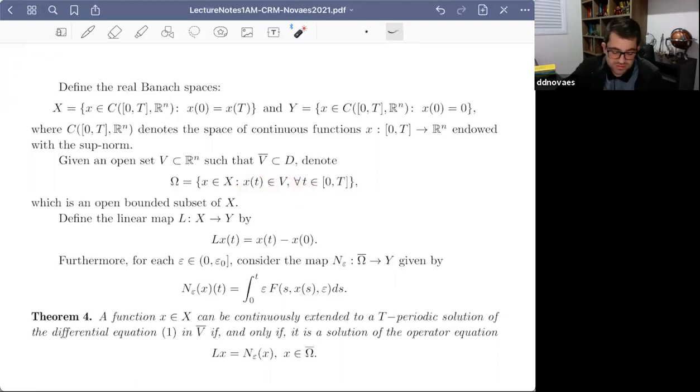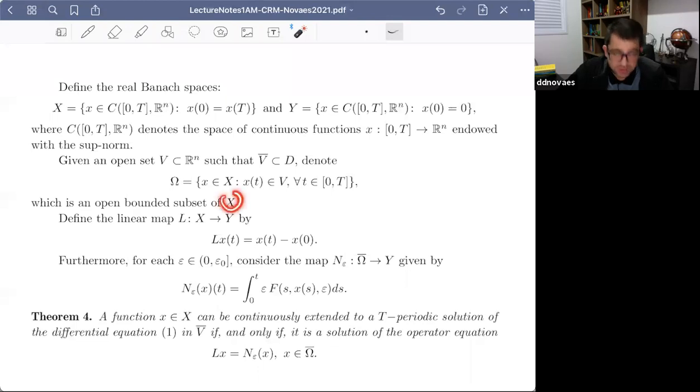Okay, so this is the set of continuous functions such that x of 0 is equal to x of T, and such that x of t is in V for every t between 0 and capital T. So it can be seen to be an open bounded subset of capital X.